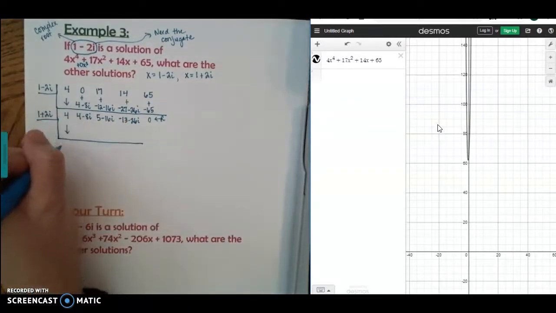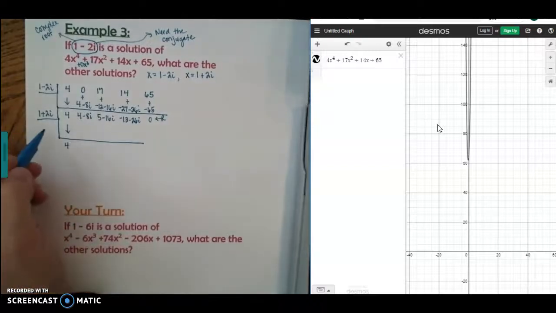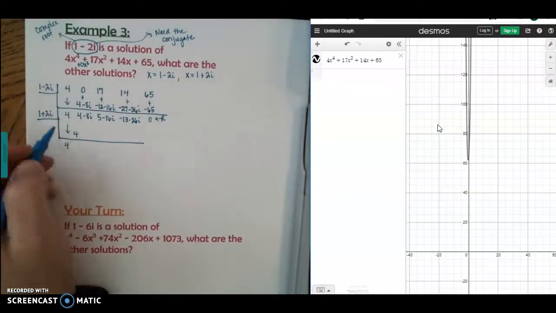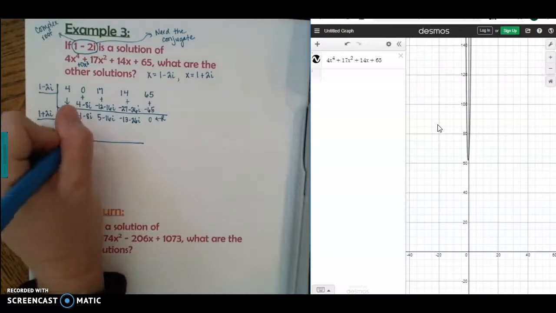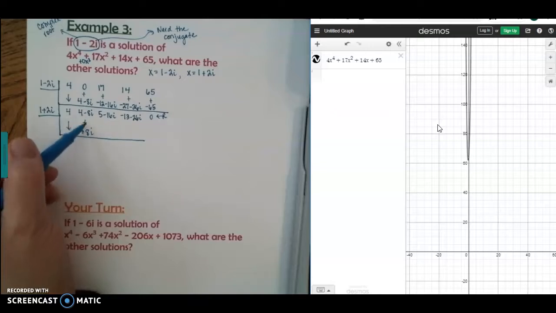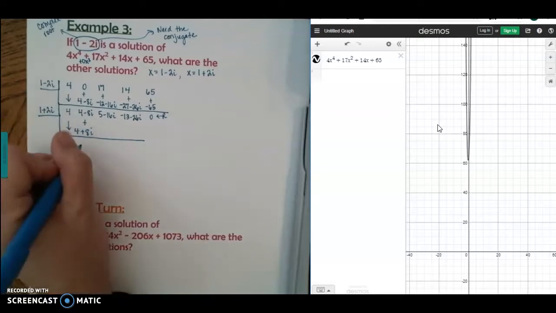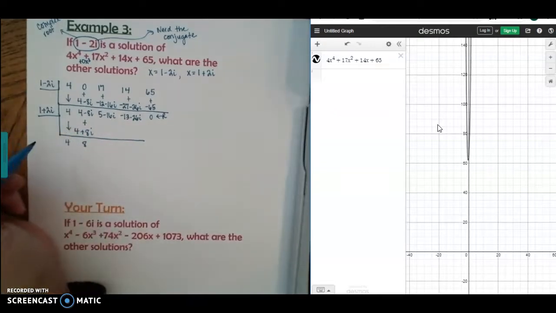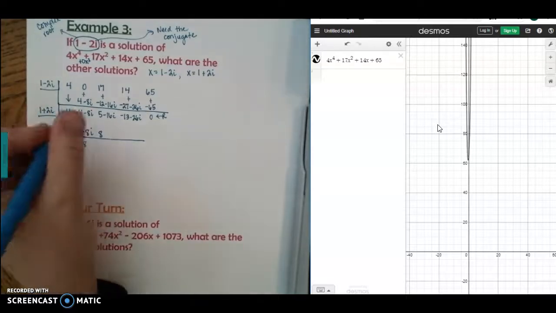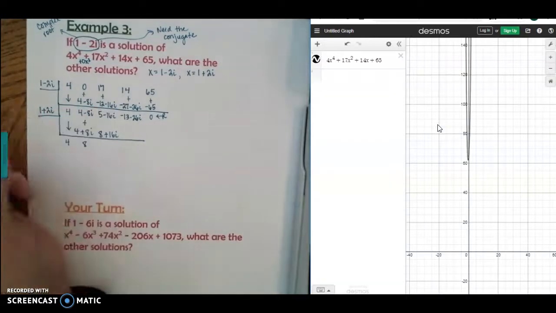And this one's going to be a little bit easier. So when we distribute that, we're going to have 1 times 4 is 4. 2i times 4 is 8i. So now if you look, that negative 8 and that positive 8i are going to cancel out. So we really just have 4 plus 4 is 8. So we're going to distribute again. So 8 times 1 gives us 8. 8 times 2i gives us 16i.